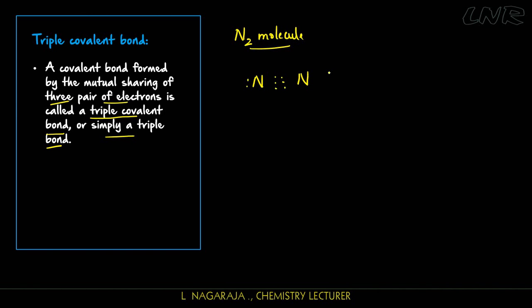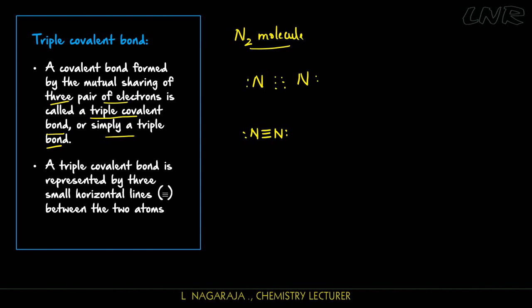Such three pairs of electrons are simply represented by small horizontal lines. Those small horizontal lines are called triple bonds. So if three pairs of electrons are mutually shared, the obtained bonds are called triple covalent bonds.